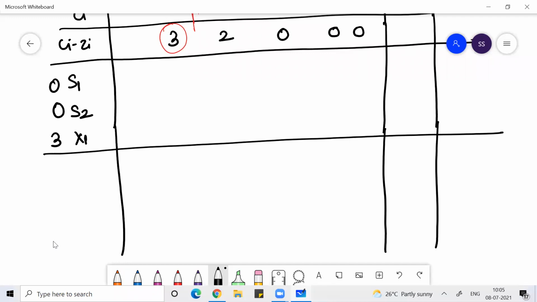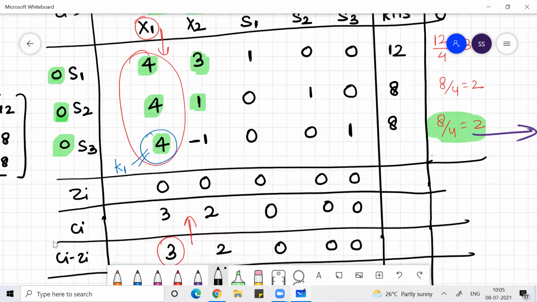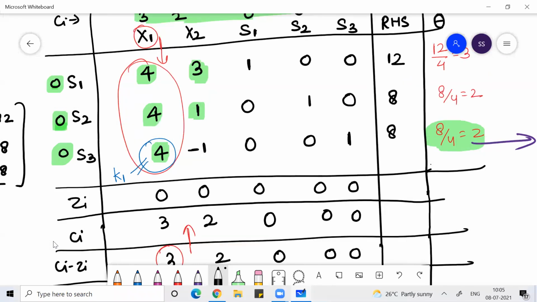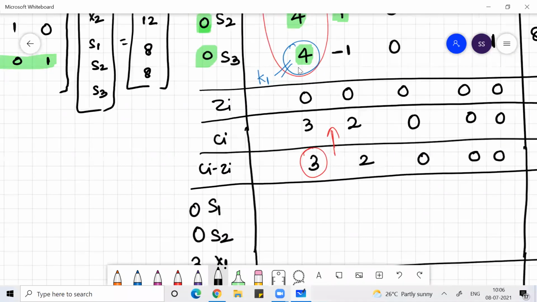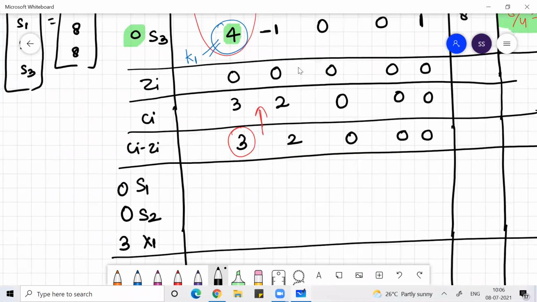We know that S3 is being replaced by X1. Clear, everyone? So how will you find the value of X1?